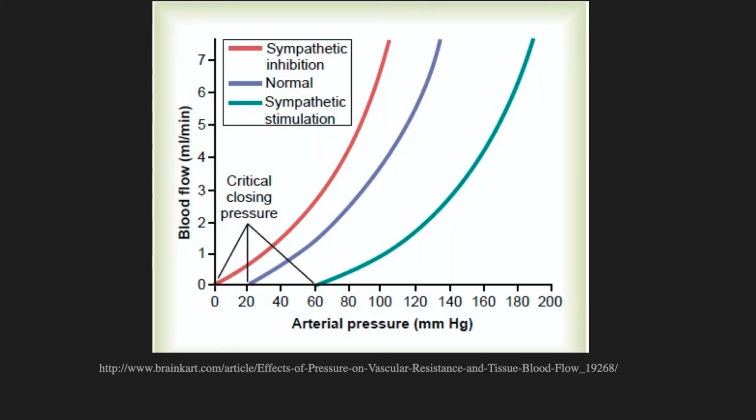This critical closing pressure is regulated by different things, but the most prominent factor is the sympathetic nerve. When you have sympathetic nerve stimulation, the critical closing pressure goes higher, to 60. And when you don't have sympathetic tone, let's say you are using alpha blockers, you lose your arteriolar tone, so your critical closing pressure goes lower.